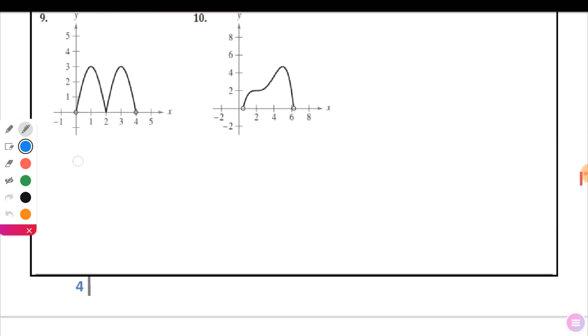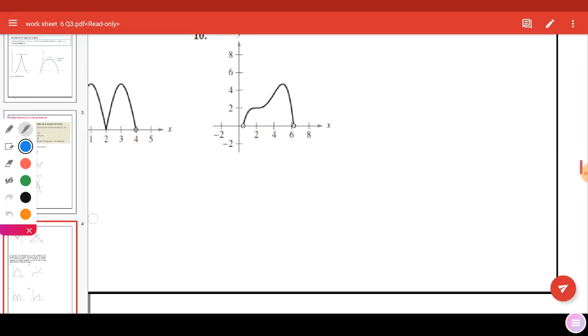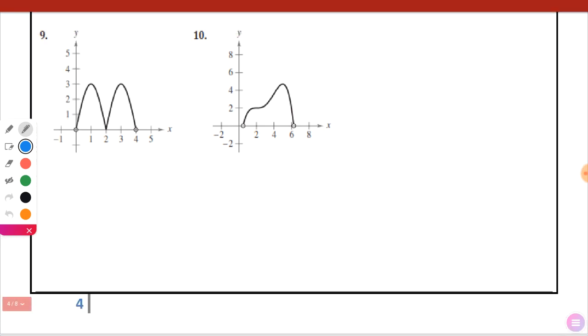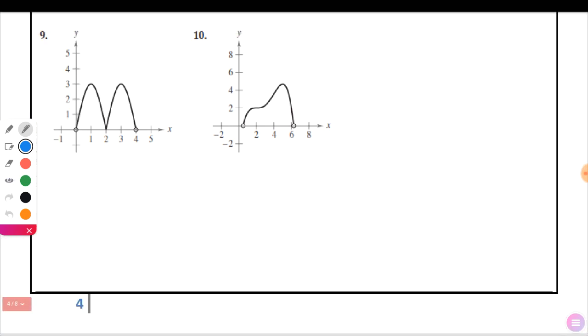in question number 9, how many critical numbers are there? What are the critical numbers? Try to pause the video and answer, then check your answer.